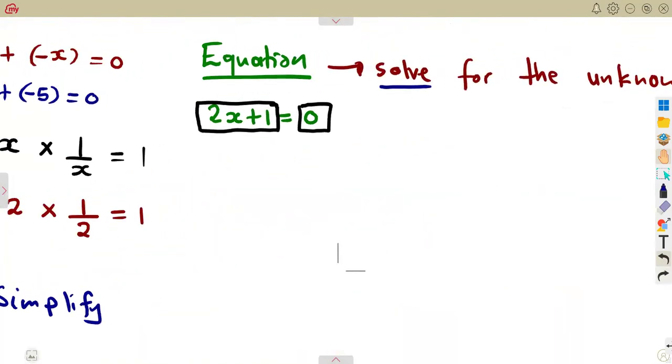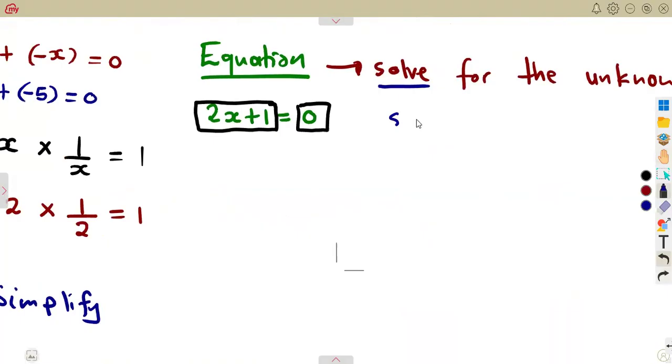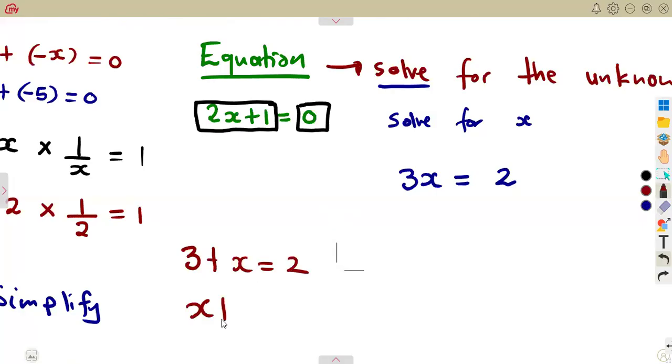All right, let's say we are given something like this, solve for x. You are given 3x is equal to 2. This is different from the previous question where we are given 3 plus x is equal to 2, or x plus 3.